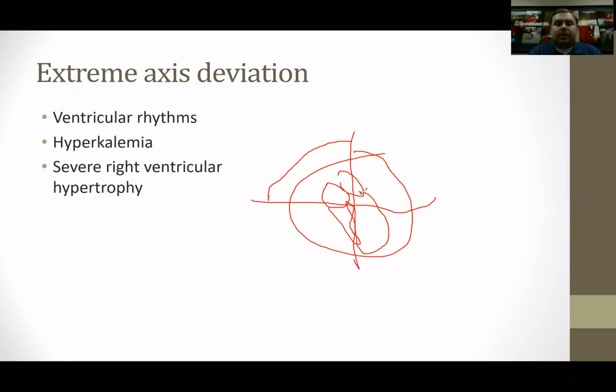What's going to cause that? So if you have a ventricular rhythm, it can cause extreme axis deviation. Hyperkalemia can pull the axis all the way back over here. And then severe right ventricular hypertrophy. So if your right ventricle gets large and it's pulling all of the electricity towards it, eventually it could cause deviations out here into the extreme area.